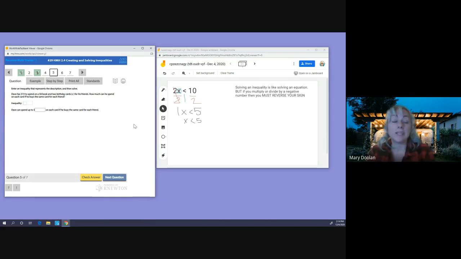So we're going to write an inequality, and then we're going to solve it. On your tests that you took, where you had to type an inequality, so many of you wanted to type an equal sign. So an equation has an equal sign. An inequality has an inequality symbol.